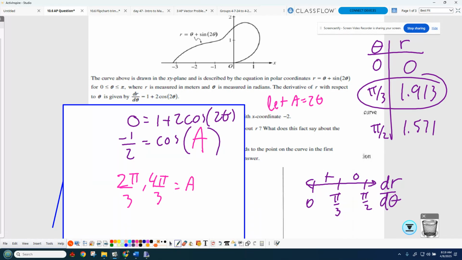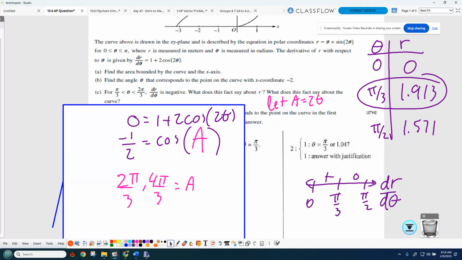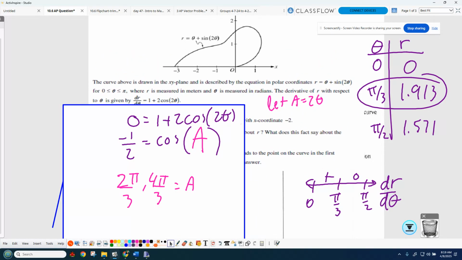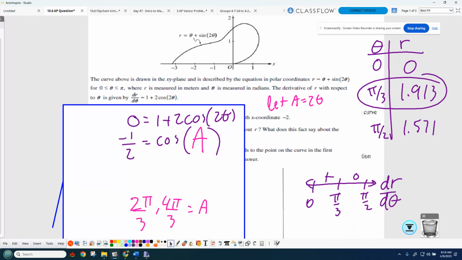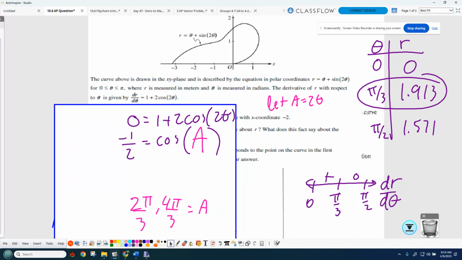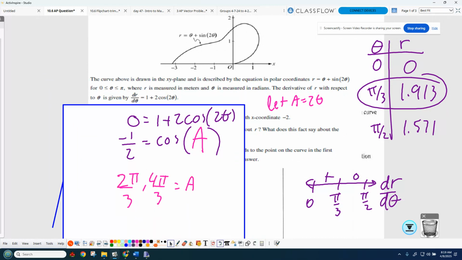Which they told us, actually. That one's out of the bounds from 0 to pi over 2, right? But it wasn't a. I want to know theta. Pi over 2. And you have a calculator, so you could just type it in and brute force and get the decimal.